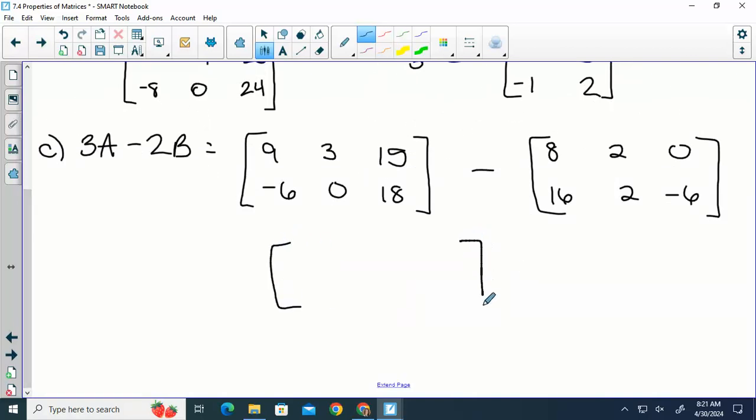Now we go through and subtract corresponding numbers. So 9 minus 8 is 1. 3 minus 2, 15 minus 0, negative 6 minus 16, 0 minus 2, and 18 minus negative 6.